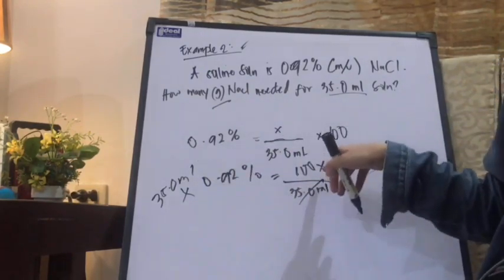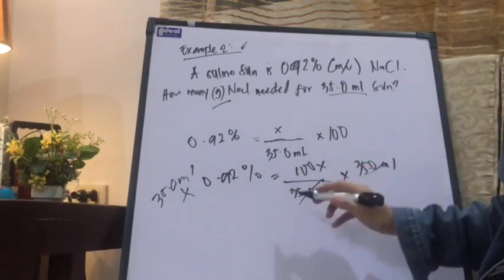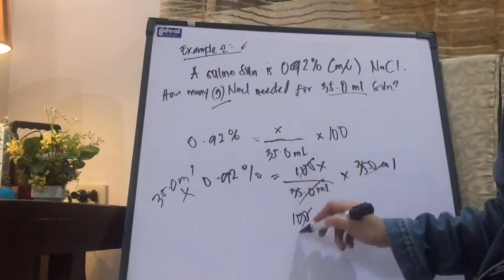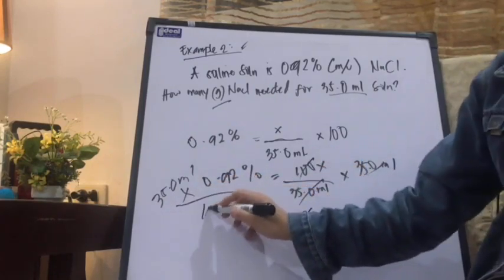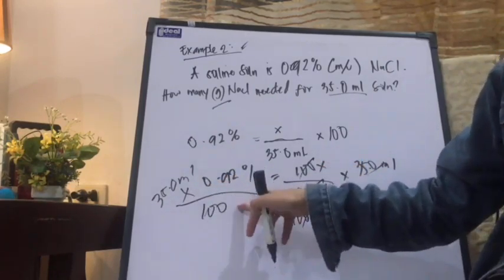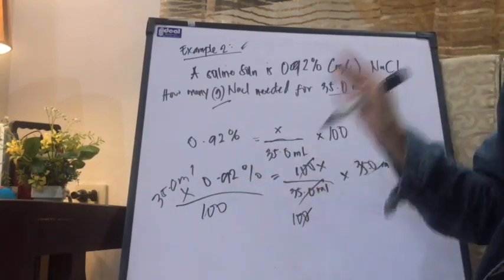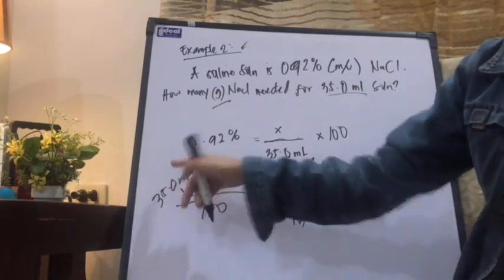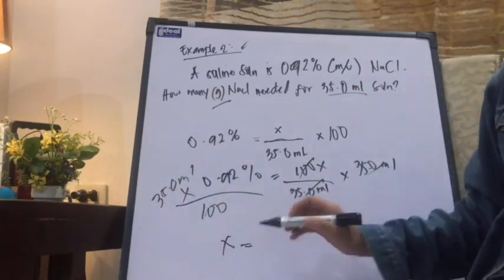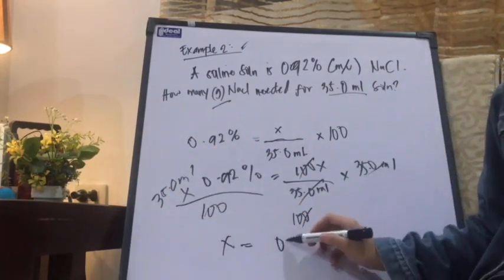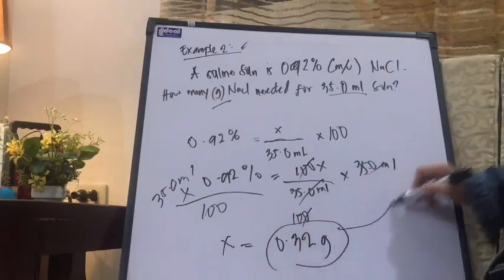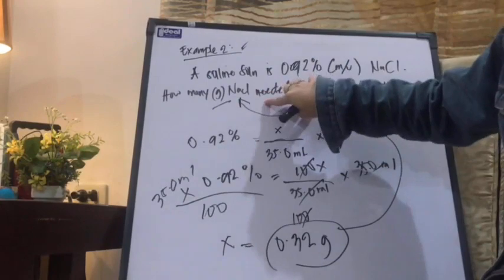In order to achieve the x, we're going to add 100 here para mabalance sila. After nyan makompute, ito lang natitira. So x is equal to 0.32 grams. This is the missing grams that we're looking for.